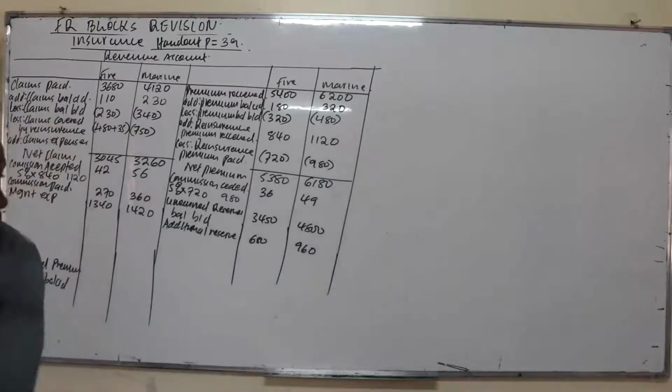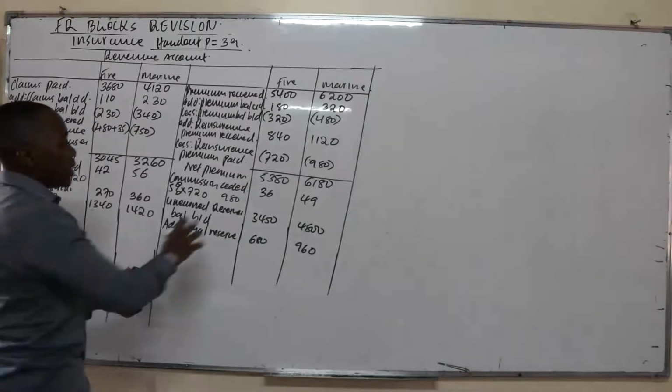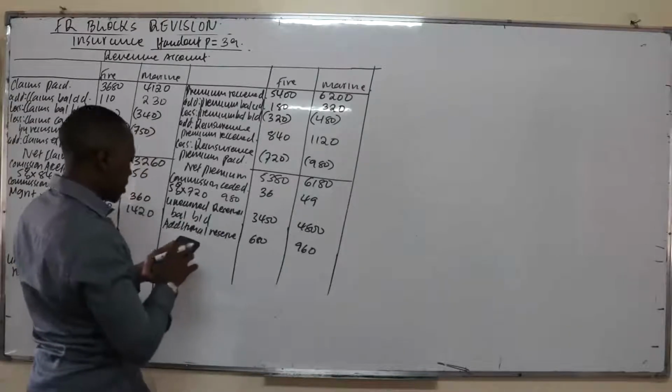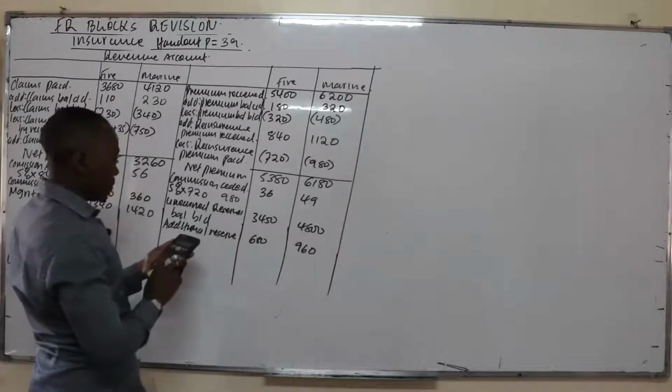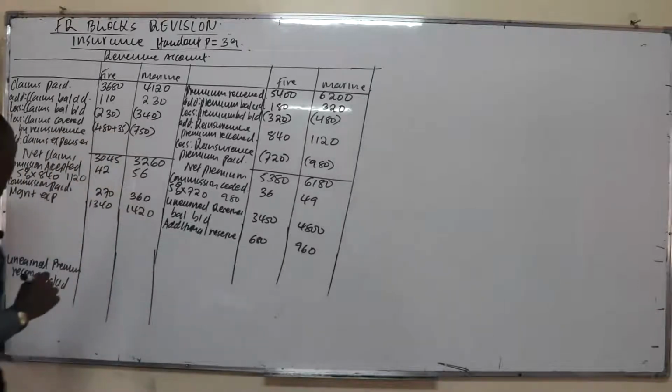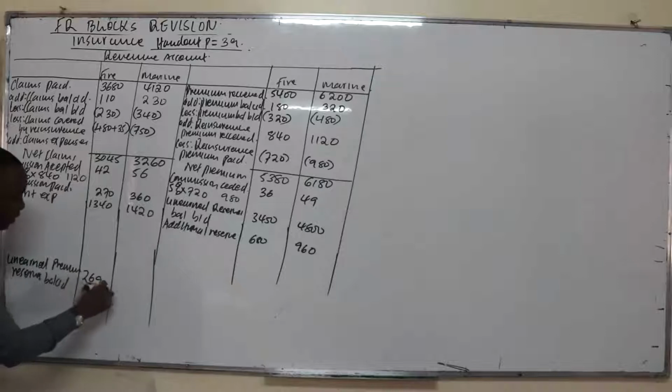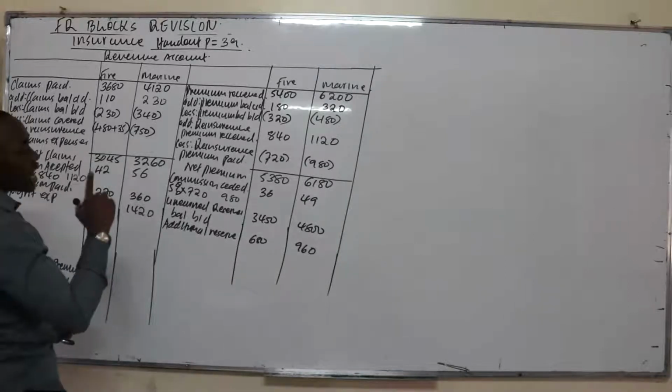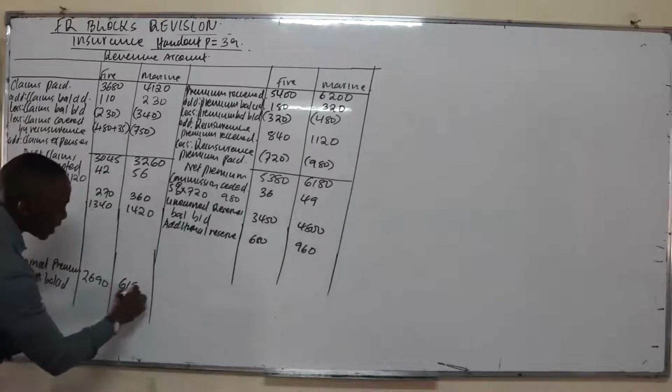And net premium, we had 5380. We maintain 50%. So that's 5380 divided by 2. So that means the balance carried down will be an amount of 2690. But you're told that for marine, we maintain 100%. So it will be 6180.